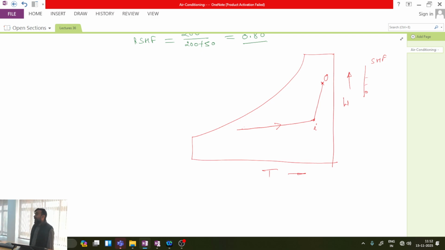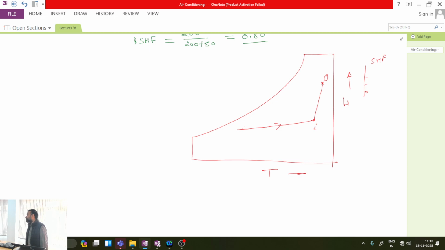Okay. But RSHF line will not be helping us much now. Why? Why RSHF will not be helping much? Because we also have ventilation. Okay, so when we have ventilation, then outside air is also coming and participating in the process. So when outside air participates in the process, then ultimately what happens?